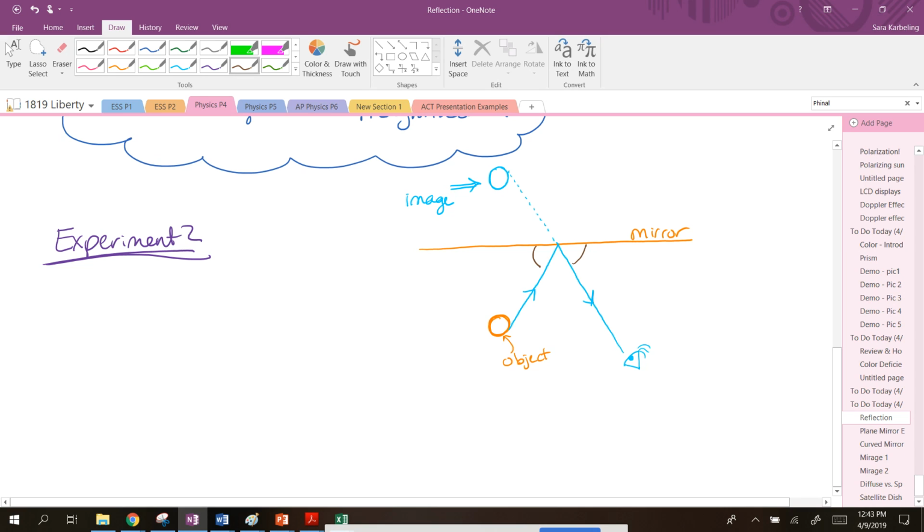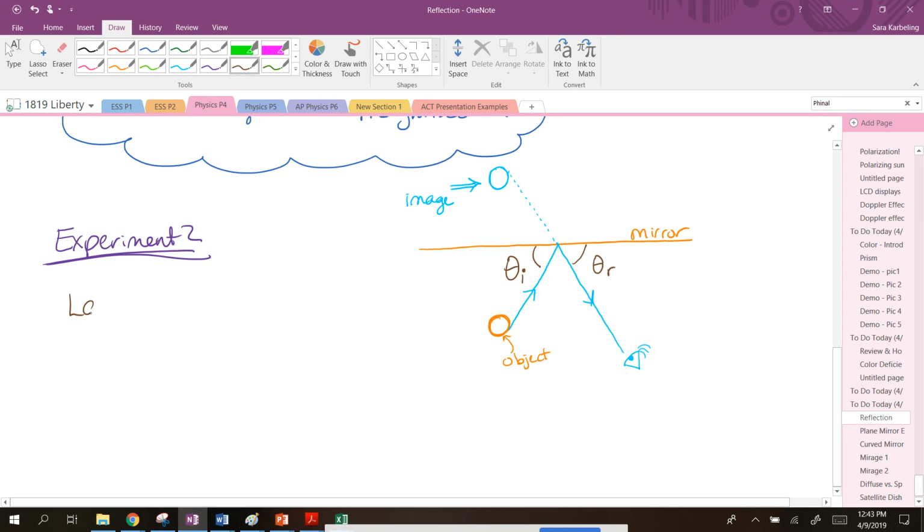But that pair of angles is going to match up. You guys have seen theta before, right? Theta just means angle. This angle is the angle in, or the angle of incidence. And this one right here is theta r, for reflection.